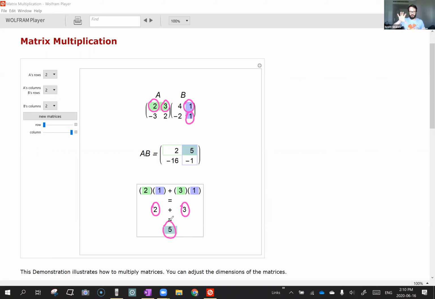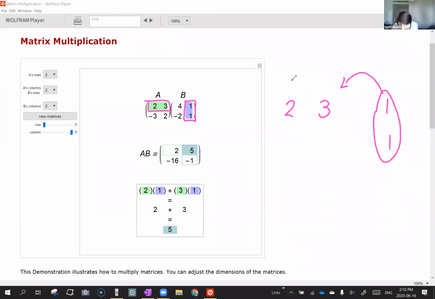It's almost like you take one and place it on the other. You have this row here, and you imagine multiplying by this. You have 2 and 3 there, and you had your 1 and your 1. Take this and it comes over here. It's almost like you have 1 times 2 and 1 times 3.